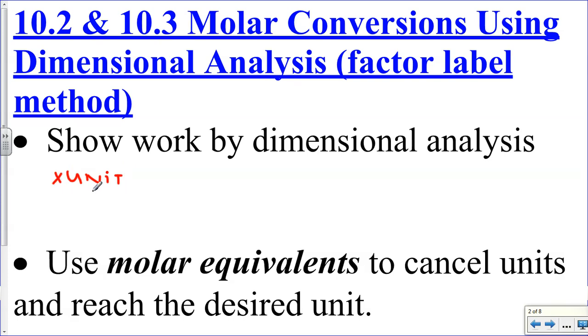Say it's X unit, and basically you put X unit down here, usually with a number, and you have a different unit, say Y unit, in order to get X unit to cancel off and convert it to a different unit. So we get Y unit. And you'll see what I mean about this in just a moment.